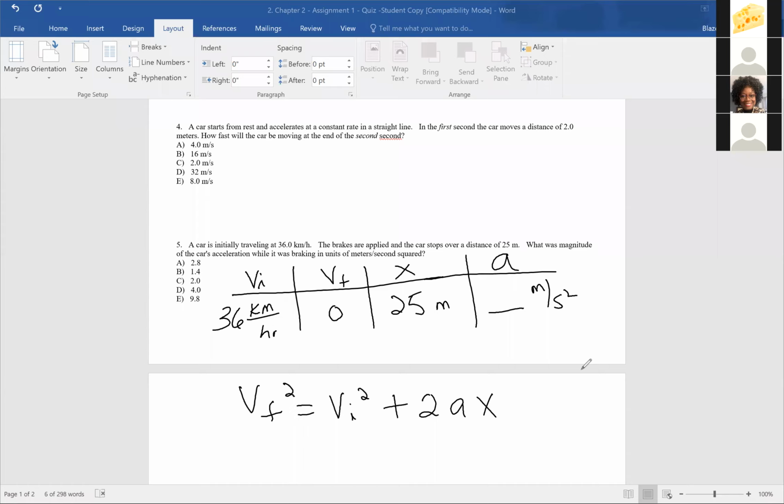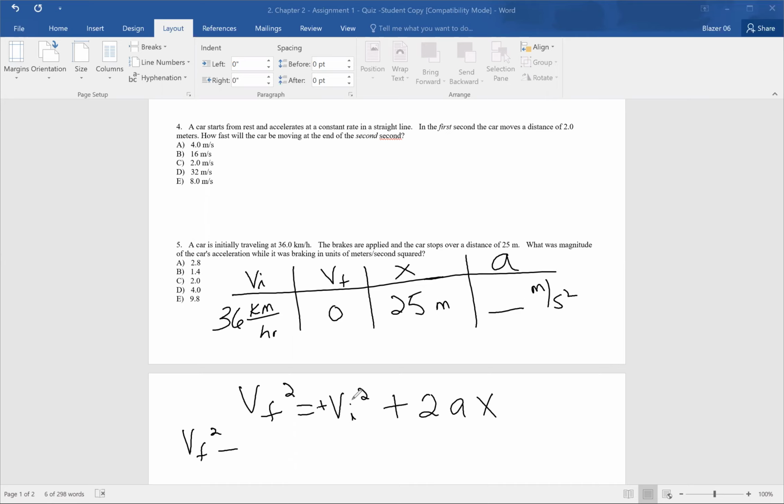That means in reality I have taken V initial squared, which is positive on the right side of my equality symbol, and taken it across the equality symbol, and whenever any term crosses the equality symbol, its sign has to change. So rather than adding that, now I am subtracting that. That's what it means. So all I have left over now is 2AX.